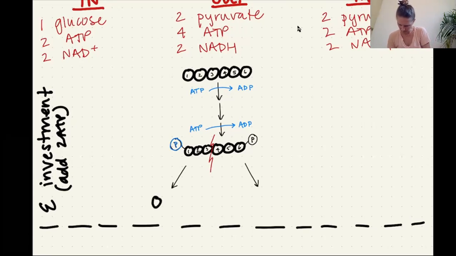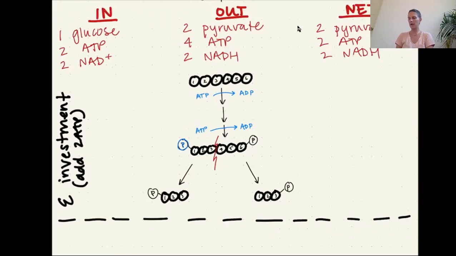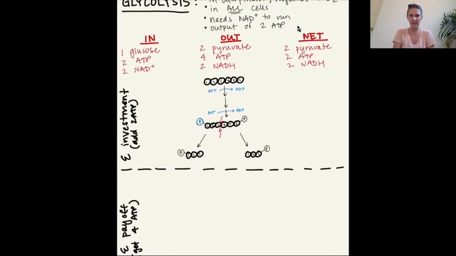So we're going to see 1, 2, 3, and 1, 2, 3, and that is still going to be phosphorylated. So now we have 1, 2, 3 carbons and 1, 2, 3 carbons. All right, so that is the energy investment phase. What we've done is phosphorylated glucose on both sides and cut it in half.